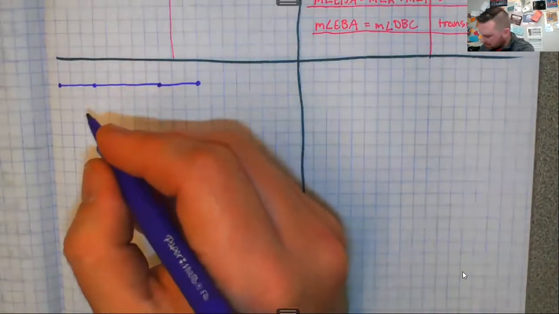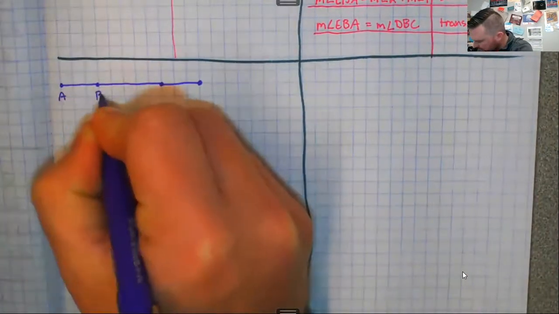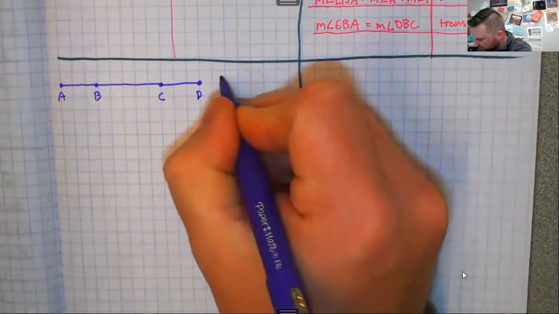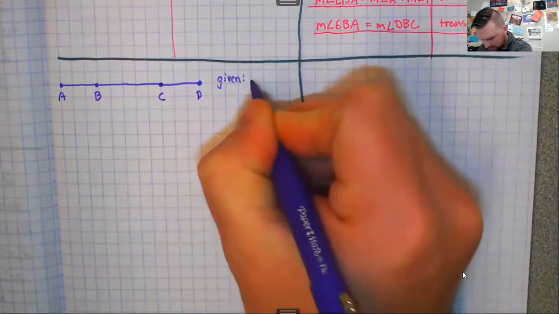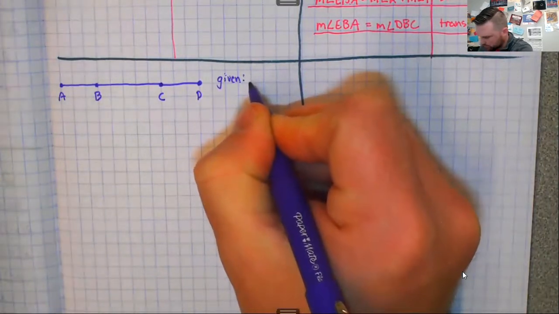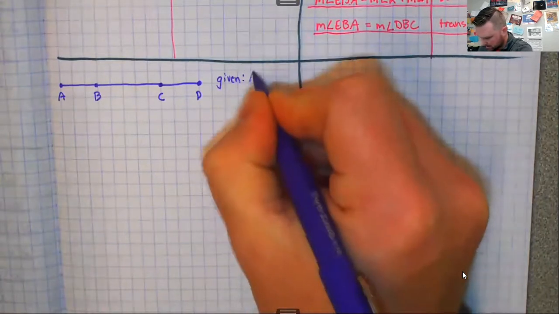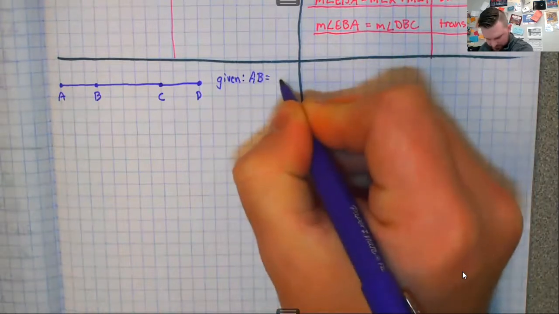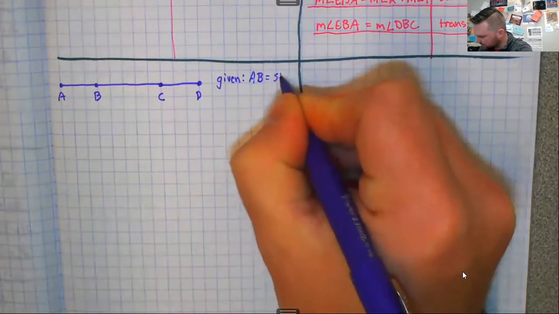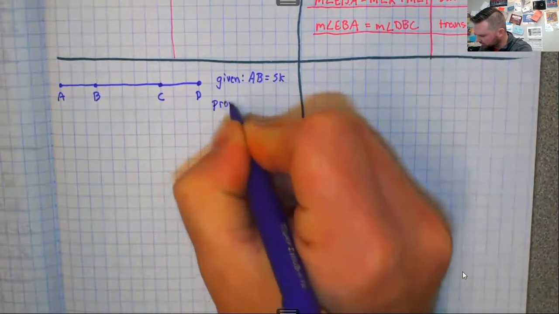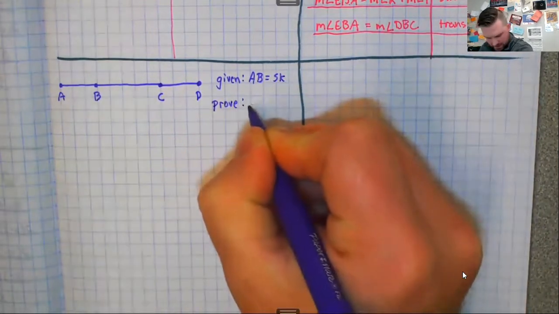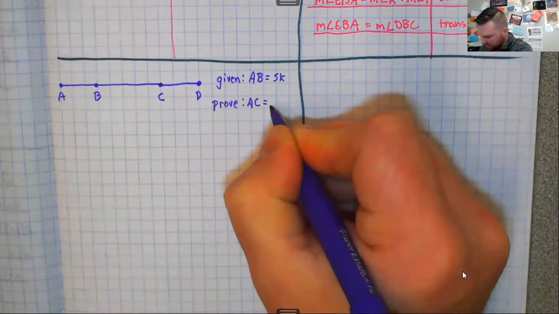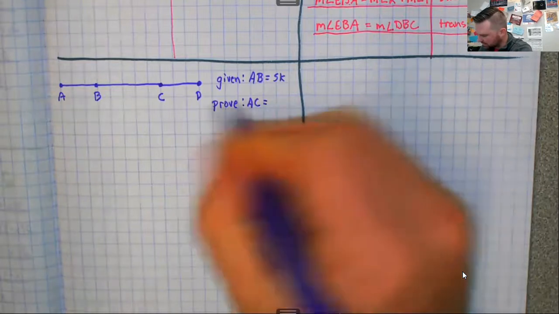And A, B, C, D. And it says you are given, I changed the letters myself, AB equals SK. And you need to prove AC is equal to BD.